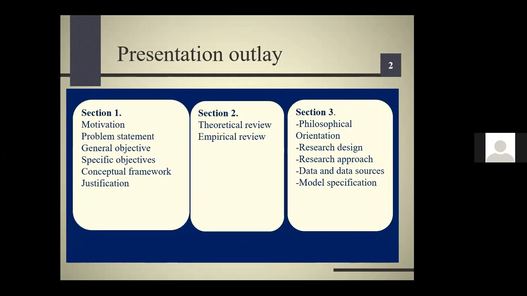In section 1, I will take us through the motivation, problem statement, general and specific objectives of the study, conceptual framework, and justification. In section 2, I'll take us briefly through the theoretical review and the empirical review. And in section 3, we'll be handling methodology: the philosophical orientation of the study, the research design, research approaches, data and data sources, and then model specification.